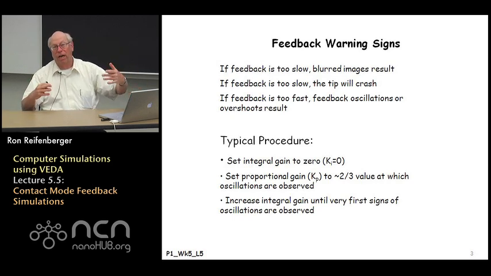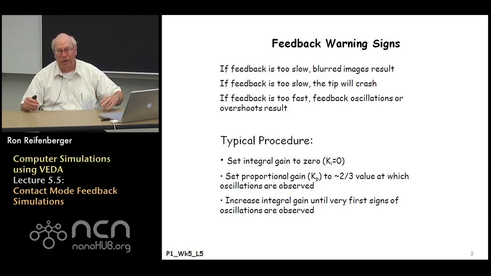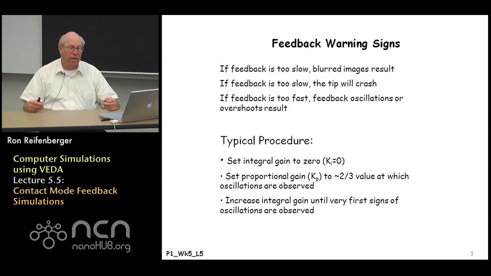So clearly, if your sample is very rough, if there's a lot of debris on the sample, your P and I controller values have to be increased in order to make the response of the substrate with respect to the tip fast enough to track the motion of the tip over the features.